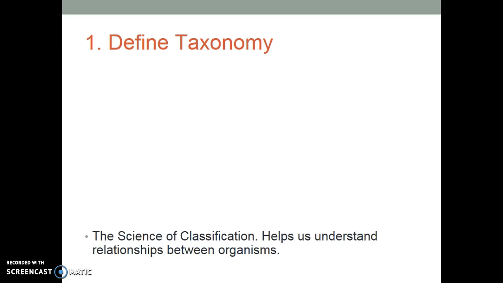The first question that's going to pop up on your study guide is going to be: define taxonomy. This is the science of classification. We are classifying organisms into categories based on relationships and how they are put together, what types of characteristics are unique to them.